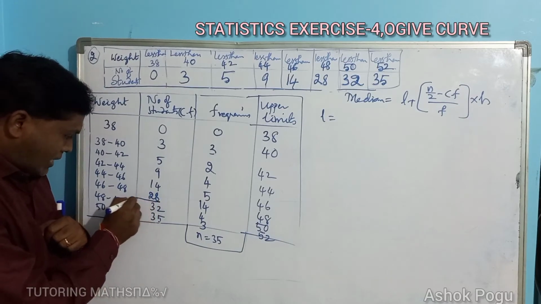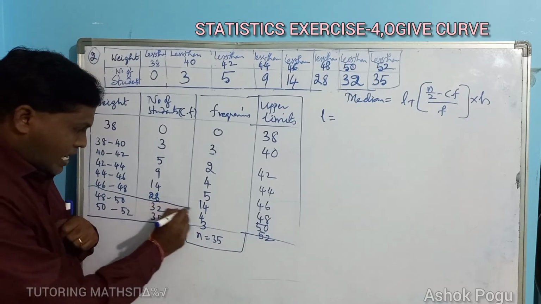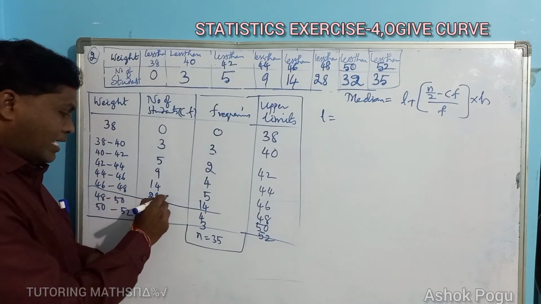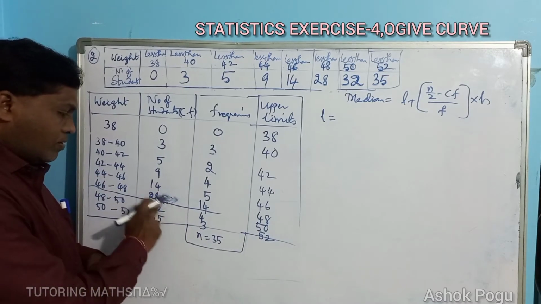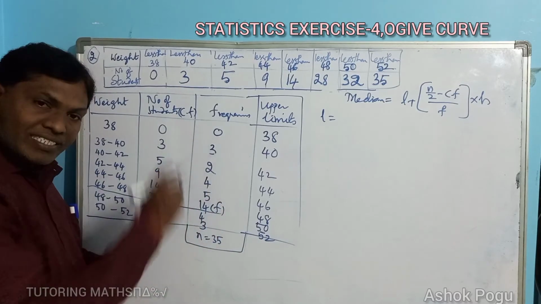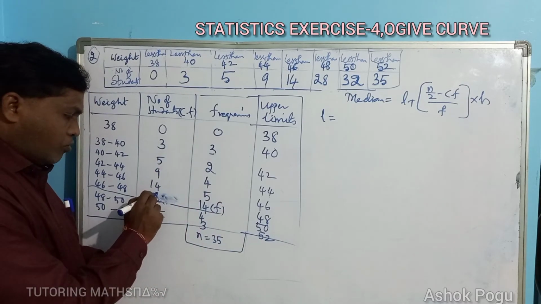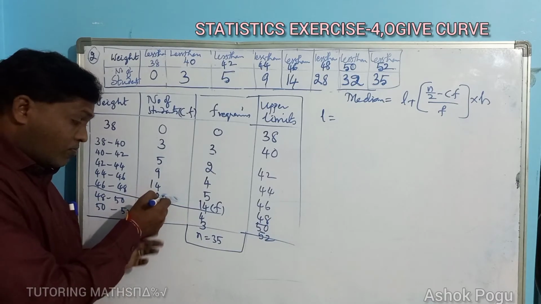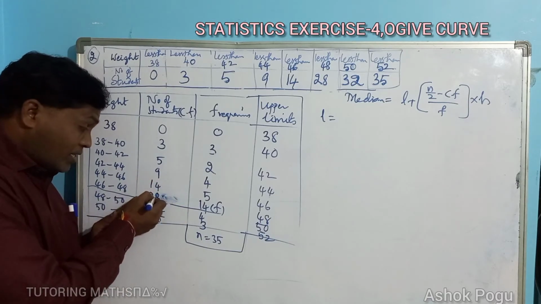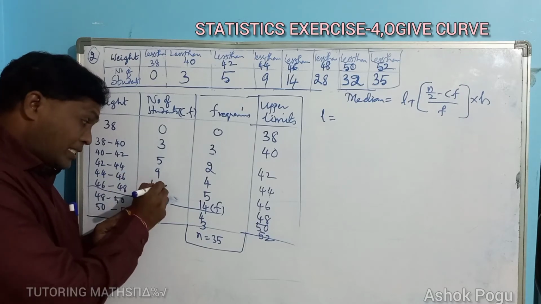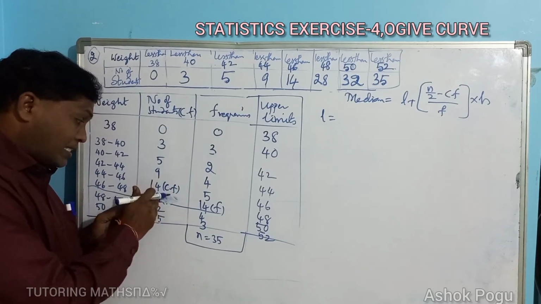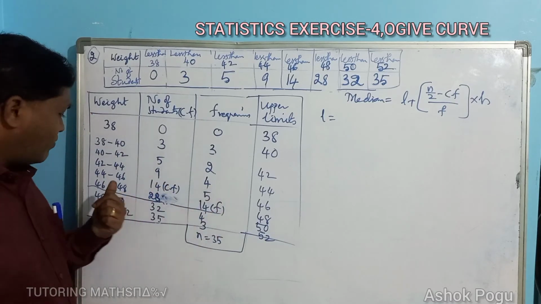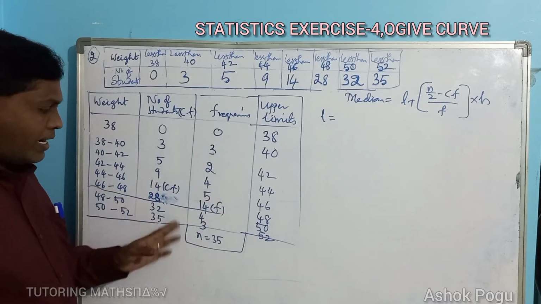So this class is the median class, and this is the median class frequency, and before that, the preceding class cumulative frequency becomes CF, and small f is the median class frequency. We should not take the cumulative frequency of the median class. This is the lower boundary and h is the height.